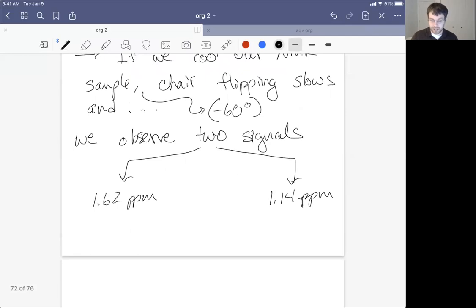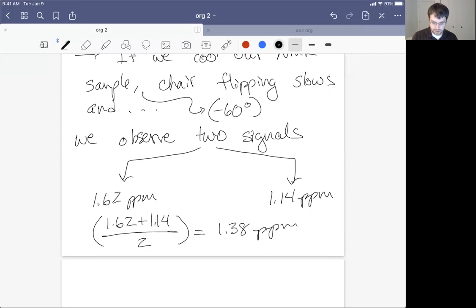Speaking of average, let's do a quick exercise. What if we take 1.62 plus 1.14 and divide by 2? We get 1.38. If we keep the unit parts per million, that is the room temperature chemical shift.